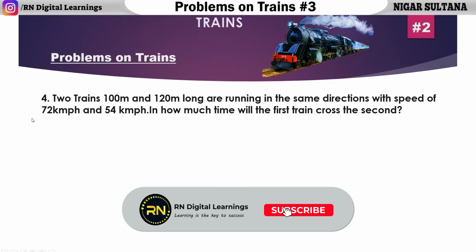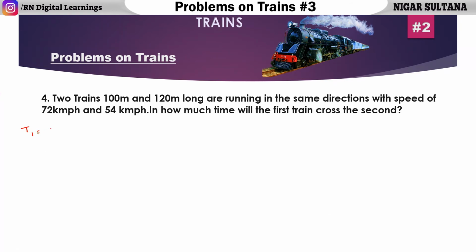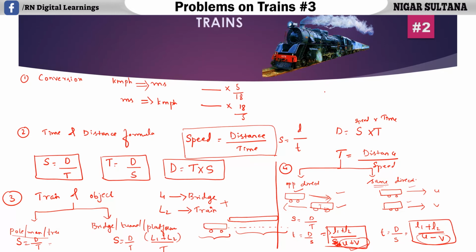So let's write what is the data given. There are two trains. T1, what is the length of the T1? 100 meters. So this is my L1, length of the first train. T2 is 120 meters. This is L2. Next, are running in the same direction. Now we are talking about relativity.